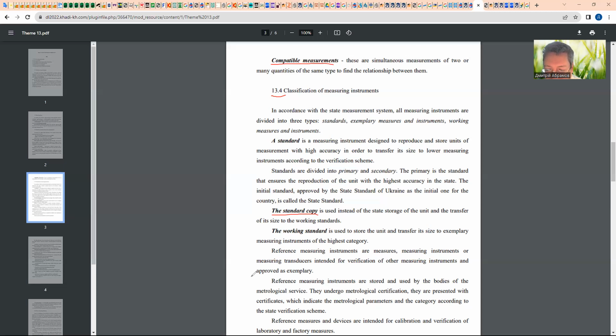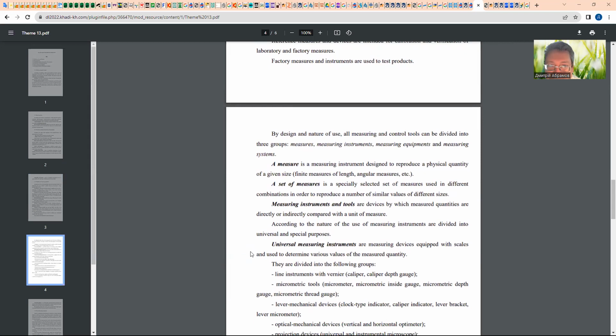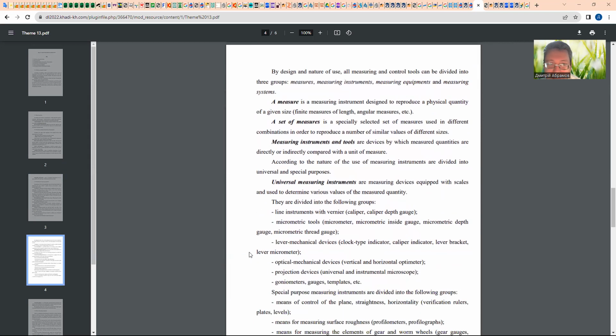They are issued with certificates which indicate the metrological parameters and the category according to the state verification scheme. Reference measures and devices are intended for calibration and verification of laboratory and factory measures. Factory measures and instruments are used to test products.